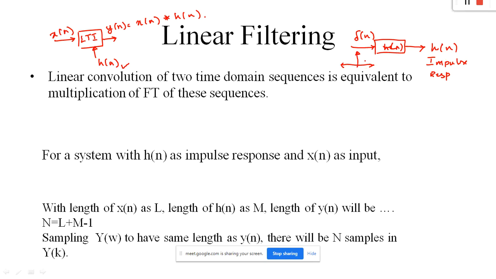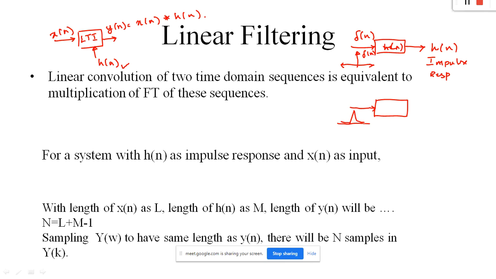Ideally speaking, this is how my input is there, delta of n. But remember, whenever I develop any system, I should take care of how the system behaves when there is a sudden increase in my input.